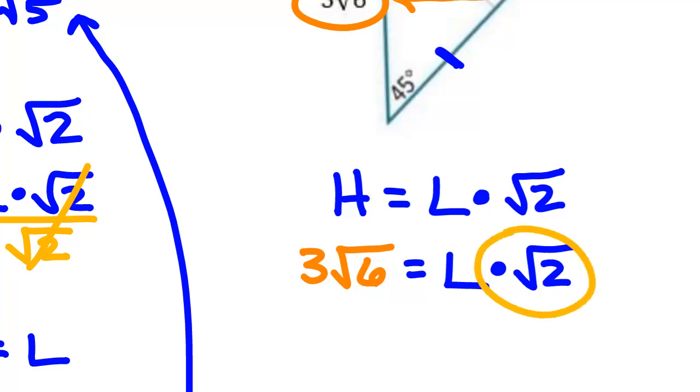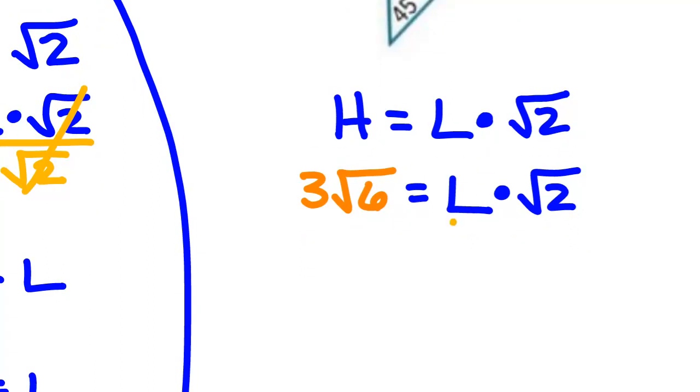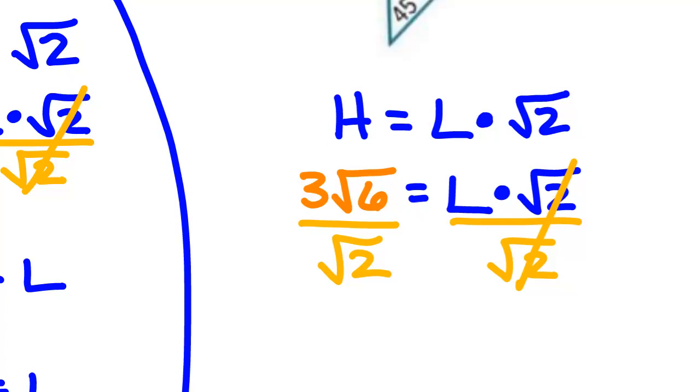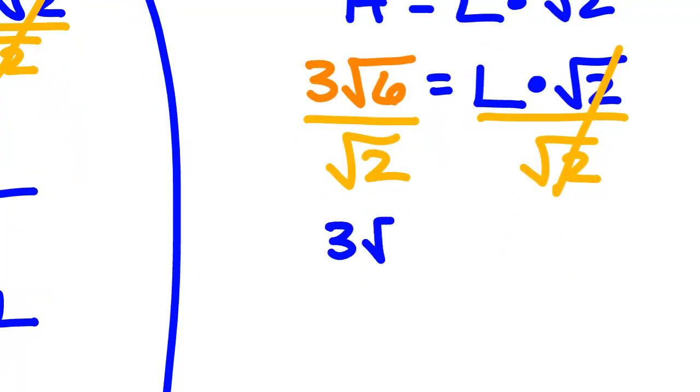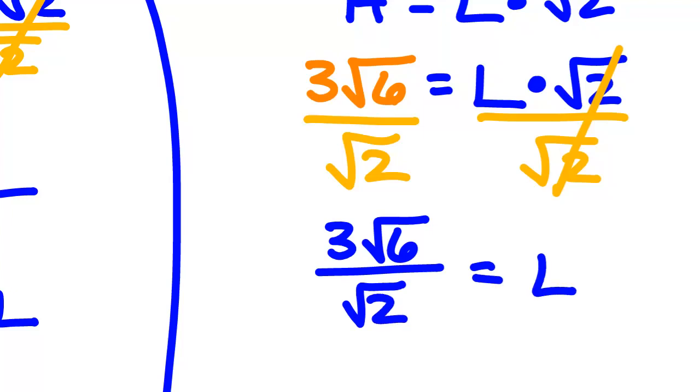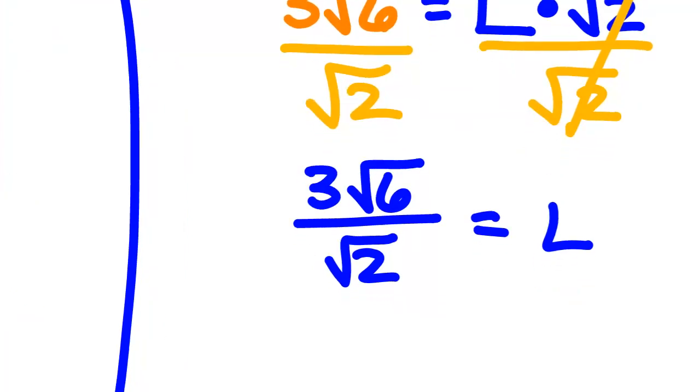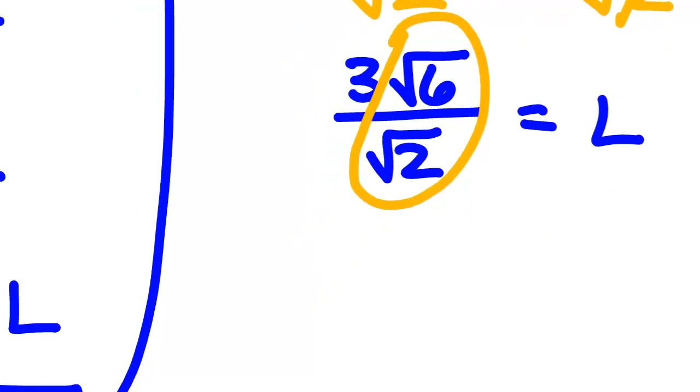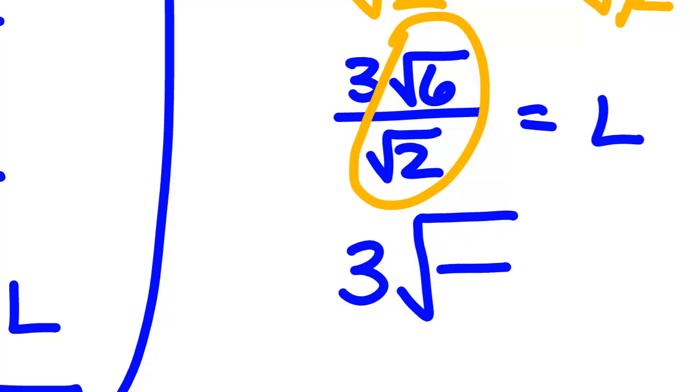How do I get rid of this square root of 2 over here? We're going to divide by the square root of 2 on each side. It cancels out on the right. On the left, I have 3 square root of 6 over the square root of 2 equals L. I'm not going to write down each individual step here, but I know when I have a radical top and bottom, I can turn that into one single radical with the fraction underneath it.